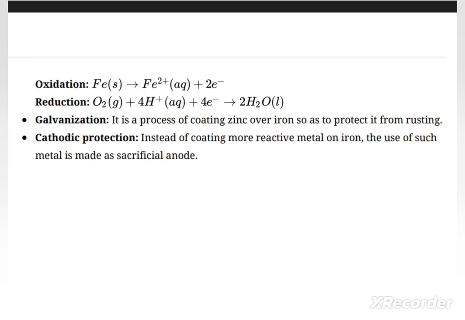Cathodic protection: instead of coating a more reactive metal on iron, such a metal is used and made a sacrificial anode.